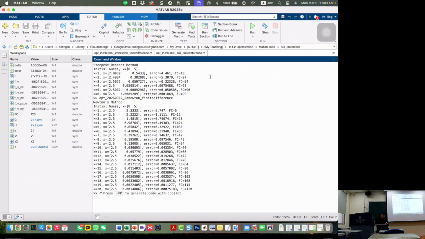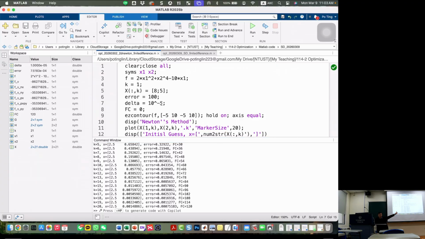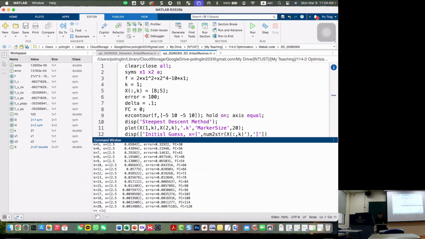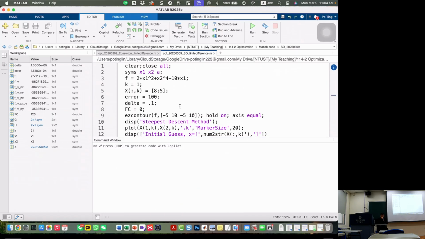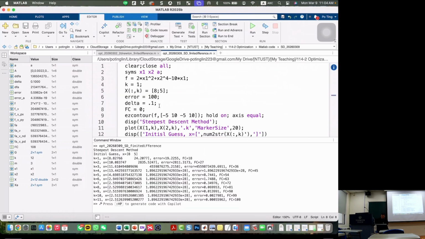Let's try. Earlier we had a pretty good delta, 10 to the power of negative 5. Let's try a poor one, like 0.1. Okay, this is the final difference. Let's clear the screen and try to solve it again. It cannot be 0.1, too poor for steepest descent.